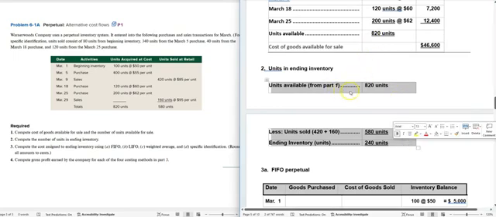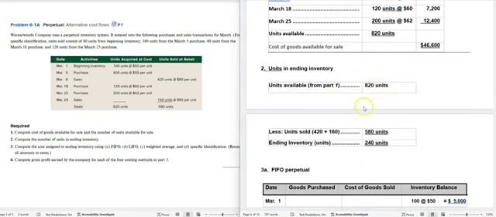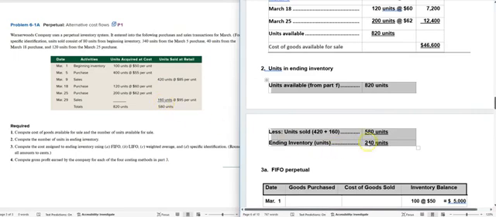We had 820 units available to sell. We sold 420 units and another 160 units, so we sold a total of 580 units. We were left with 240 units of inventory on hand.